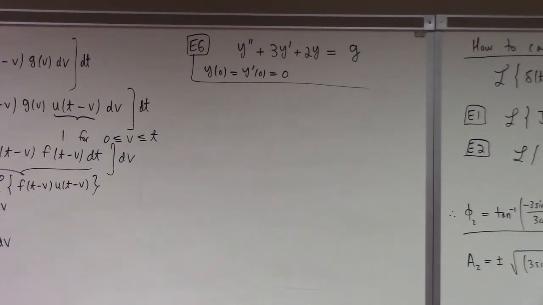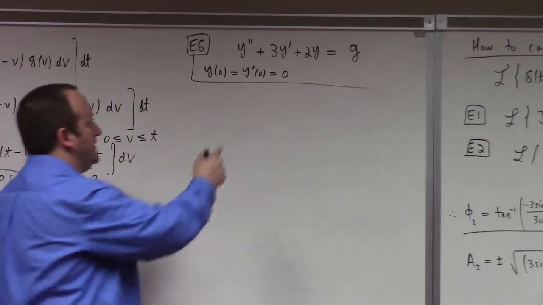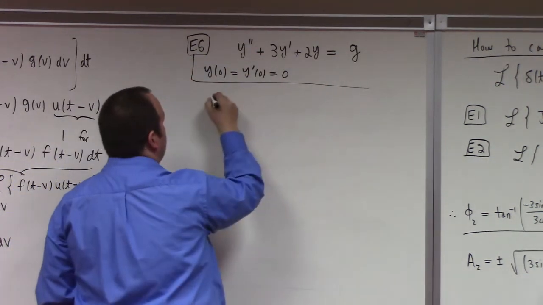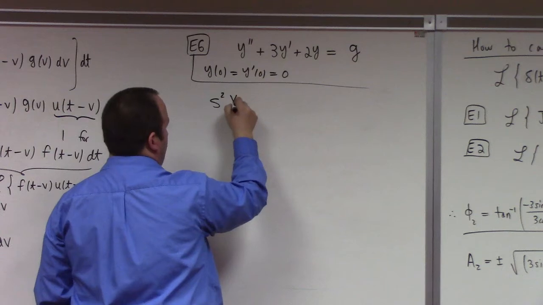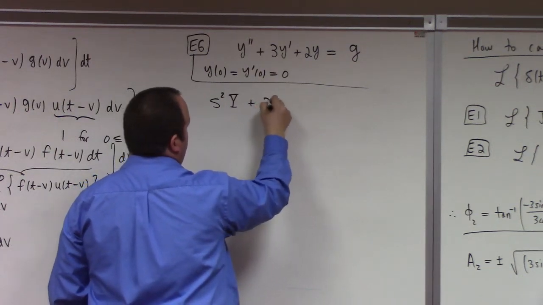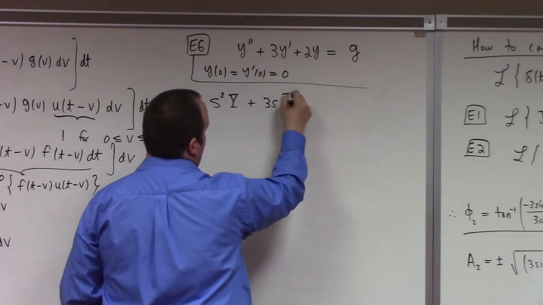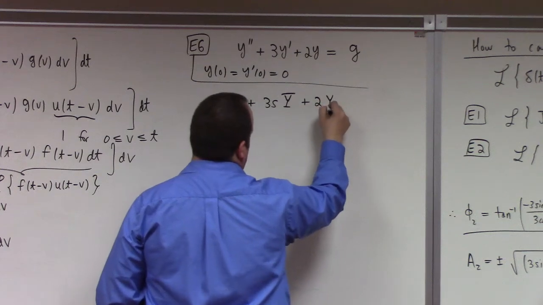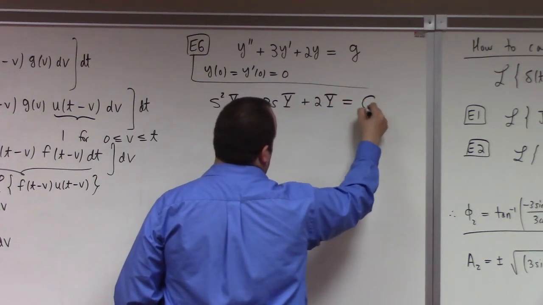Take the Laplace transform of both sides. What do you get? You get s squared big Y, plus 3s big Y, plus 2 big Y equals big G, right?